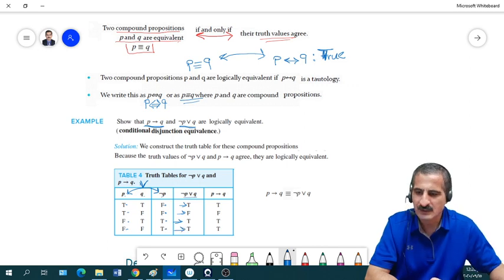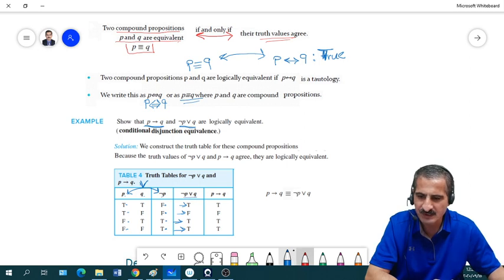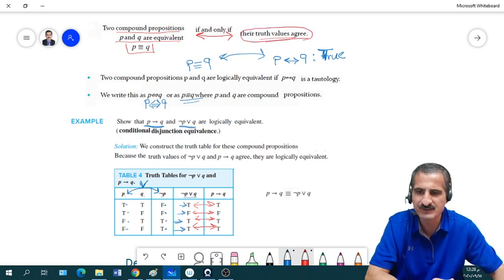Good. Now, what about the conditional statement P gives Q? We already know these values. So now notice here, the values here and here agree. And that's what we mean by their truth values agreeing.